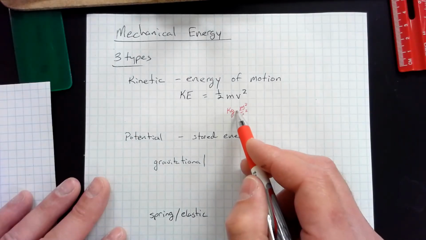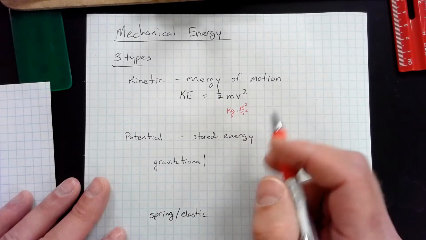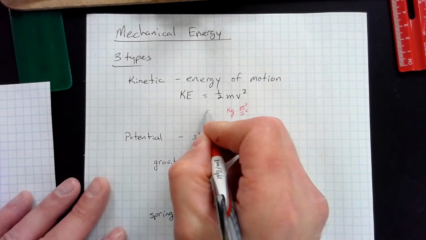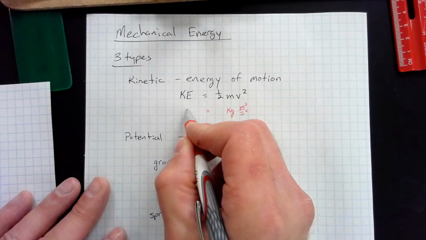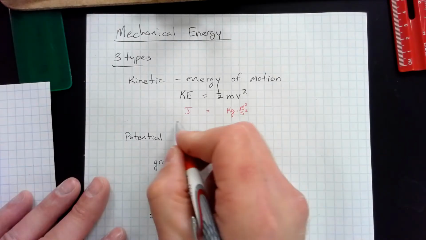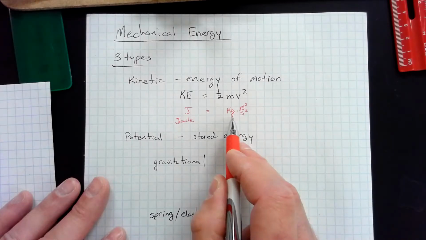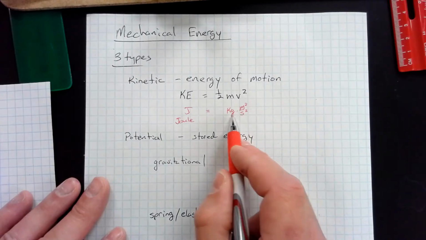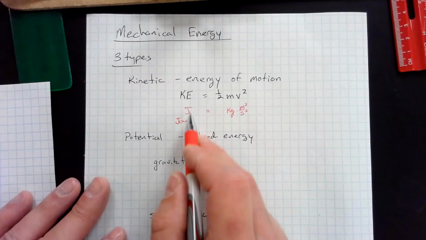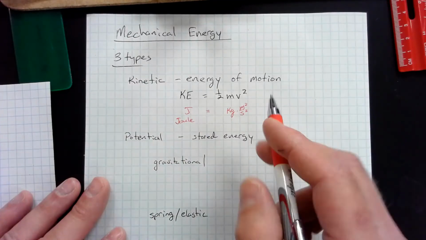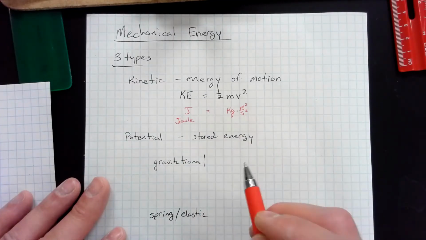So a kilogram times a meter squared over a second squared is the unit of energy, but they named this after a guy with the last name Joule, or joule. All right, so this kilogram times meter squared over a second squared is the same value as a joule.